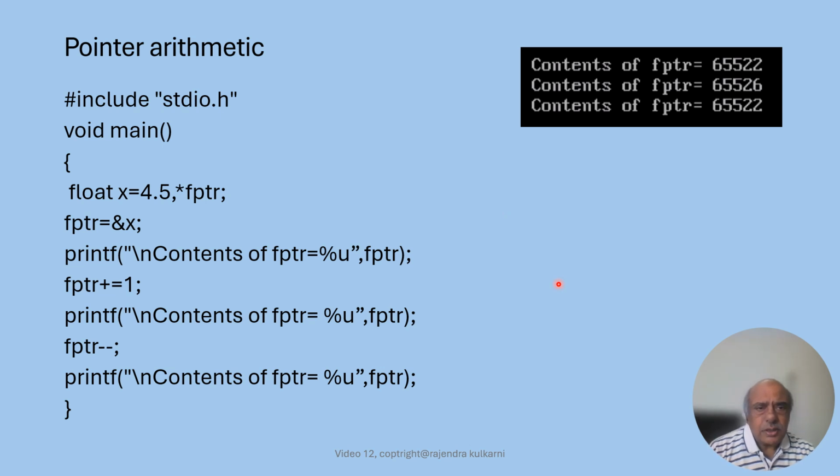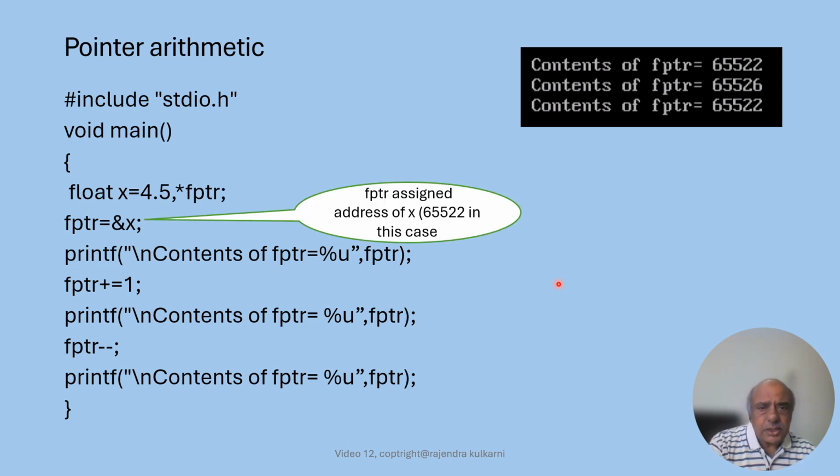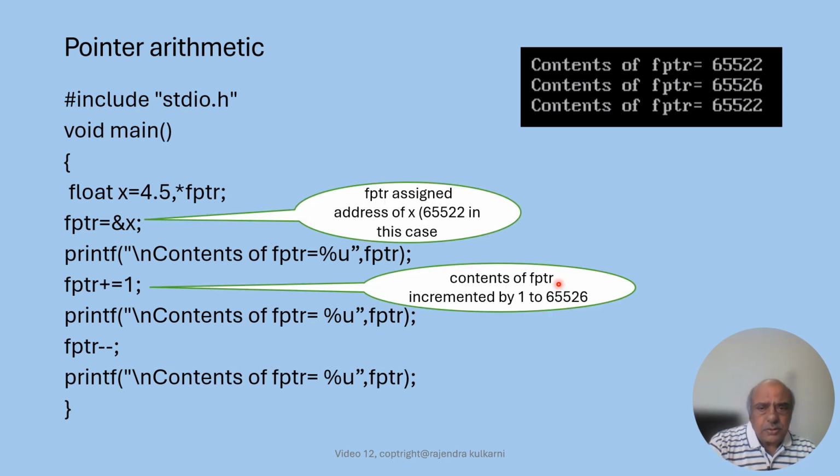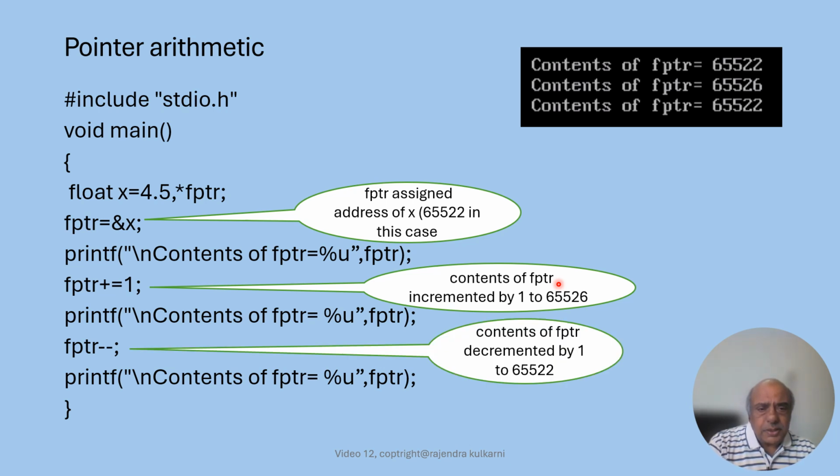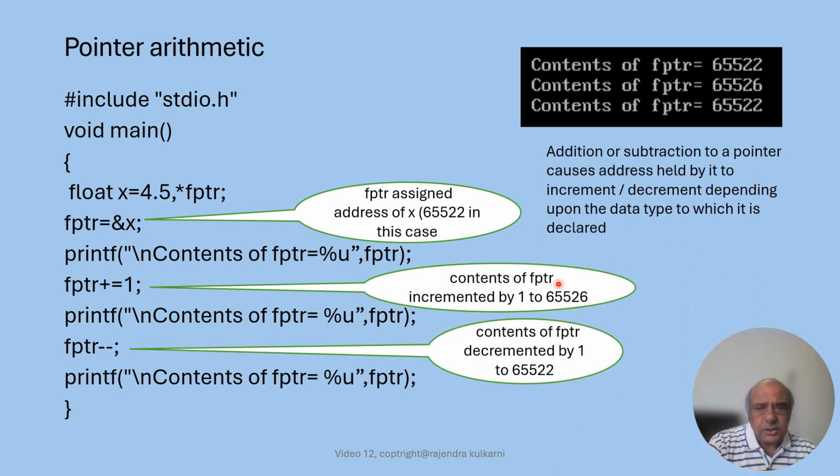So what does pointer arithmetic tell us? When any arithmetic operation is done on a pointer, the only two arithmetic operations we can do are addition or subtraction. We can't do others like multiplication or division.